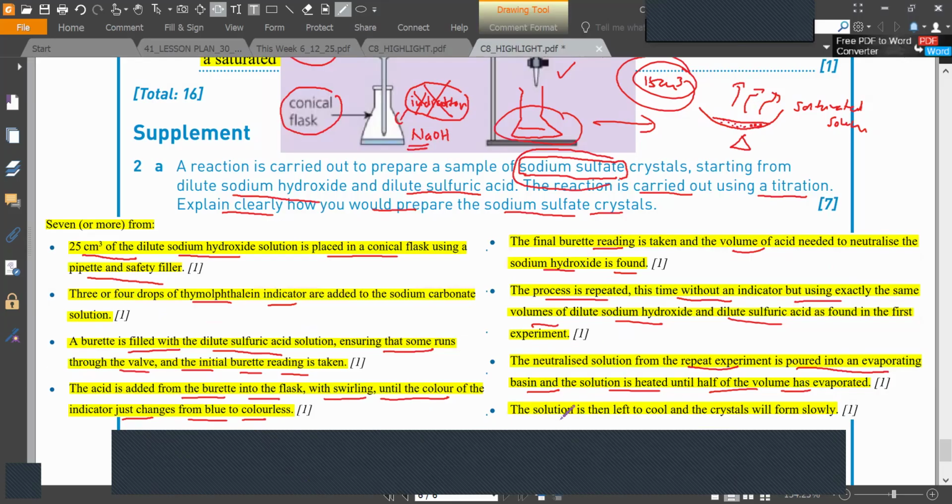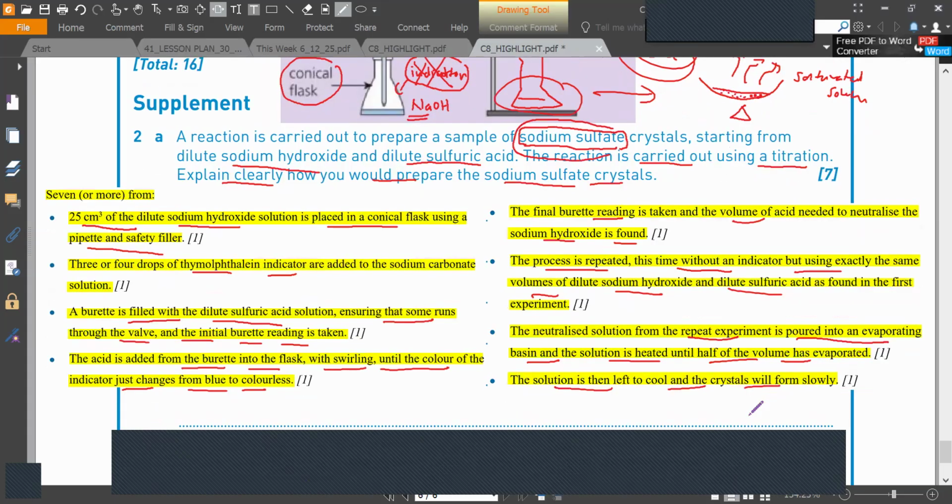The solution is left to cool and crystals form slowly. So this is the complete process. Sometimes we may get asked to describe this kind of experiment.